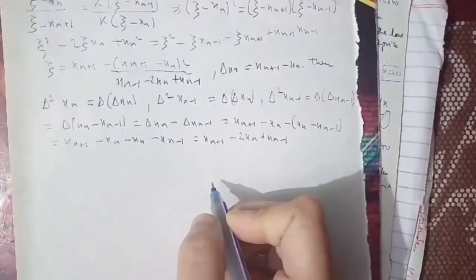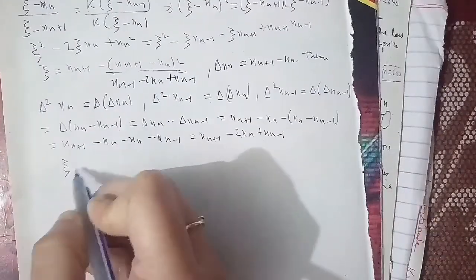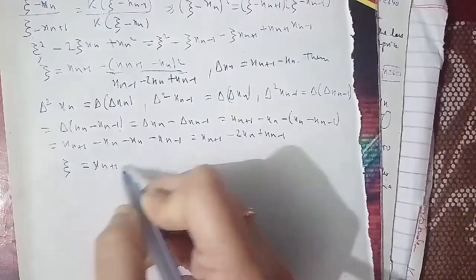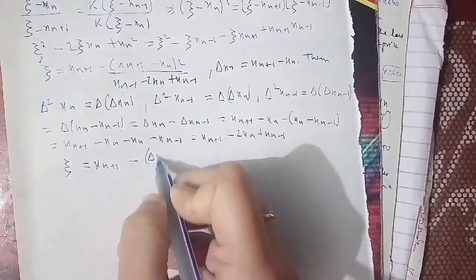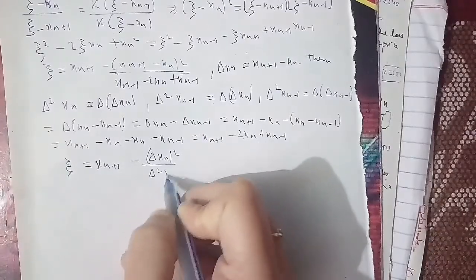Putting this result in the earlier expression, we get alpha equals xn plus 1 minus delta xn squared upon delta squared xn minus 1. This equation gives the Aitken acceleration of convergence process. It is also called the delta square process.